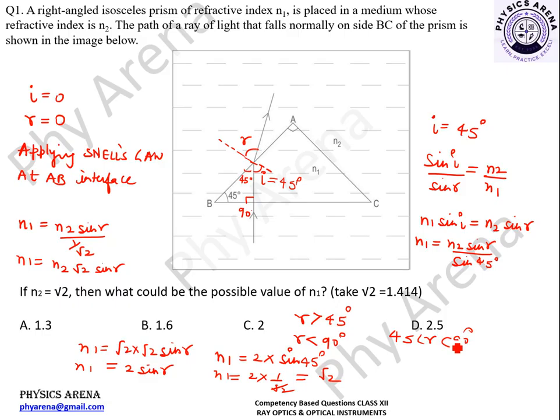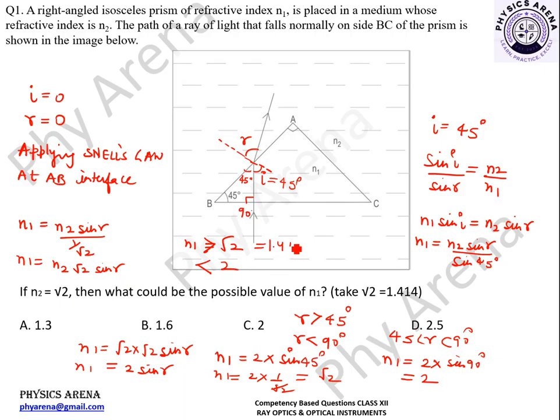And if it would have been 90, then n1 will be equal to 2 multiplied by sine 90, which is 2 only. So we know that n1 is having some value that is greater than under root 2 but less than 2.